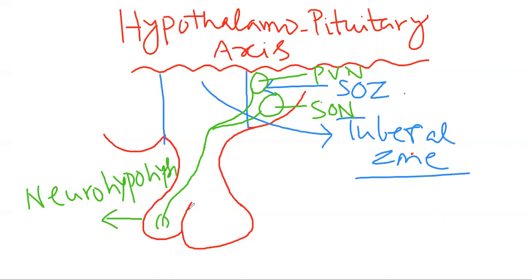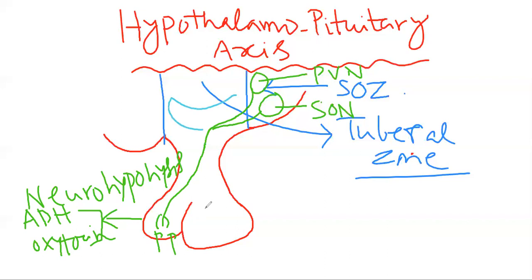From the neurohypophysis, the most important hormones released from the posterior pituitary are ADH or vasopressin, and oxytocin. We will discuss all these things in this lecture. And the tuberal zone has an important big nucleus, which is known as the arcuate nucleus.